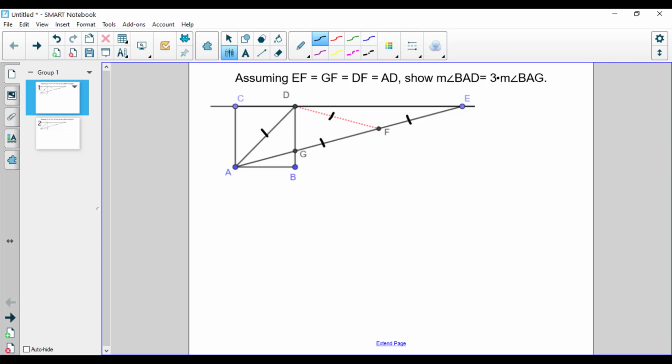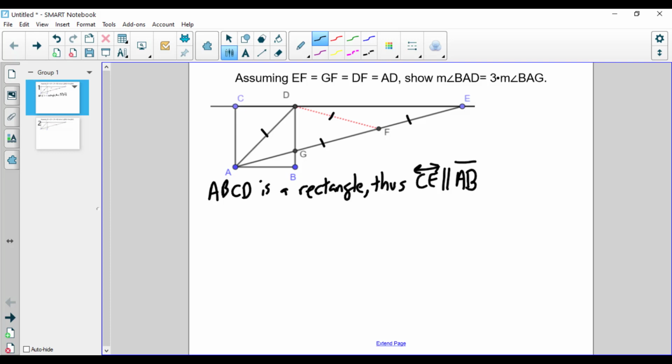So this is a rectangle, so I'm going to state that ABCD is a rectangle. What that tells me is that line CE is parallel to segment AB.